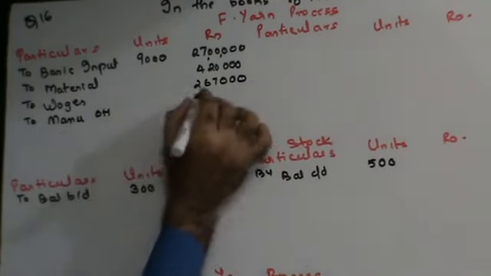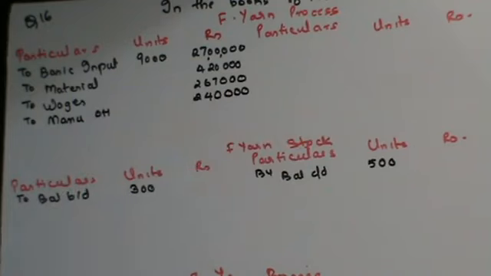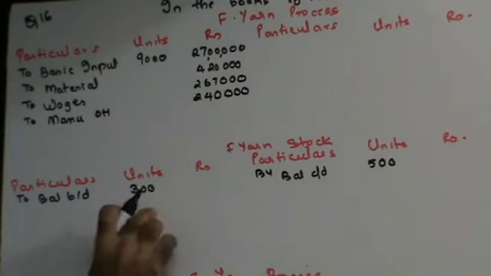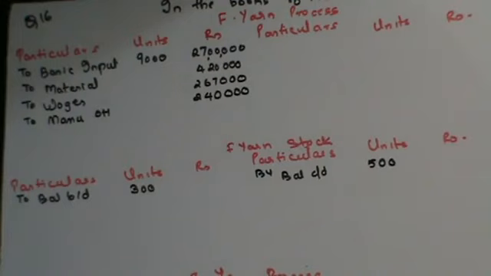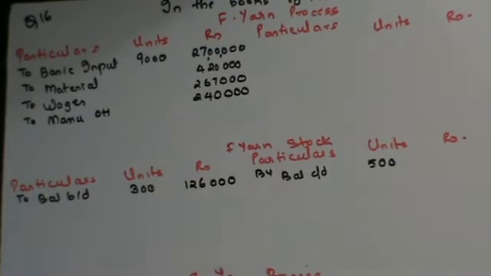Manufacturing overheads is given to you as 2,40,000. Value of opening stock per unit is 420 rupees. Our opening stock is 300 units at 420 rupees per unit, so total cost will be 420 into 300, which is 1,26,000. So these were all the entries of FY process.